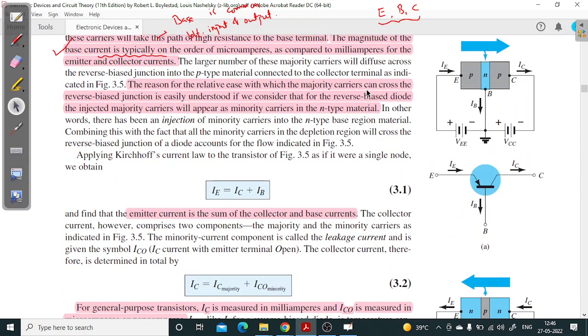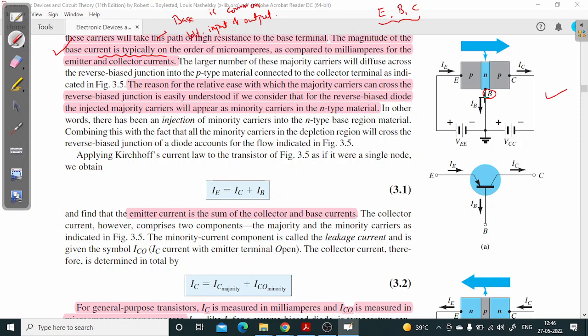Look at this diagram, this one. The base terminal is grounded, connected to ground. The emitter terminal is connected to this VE, and the collector terminal is connected to this VCC, right?